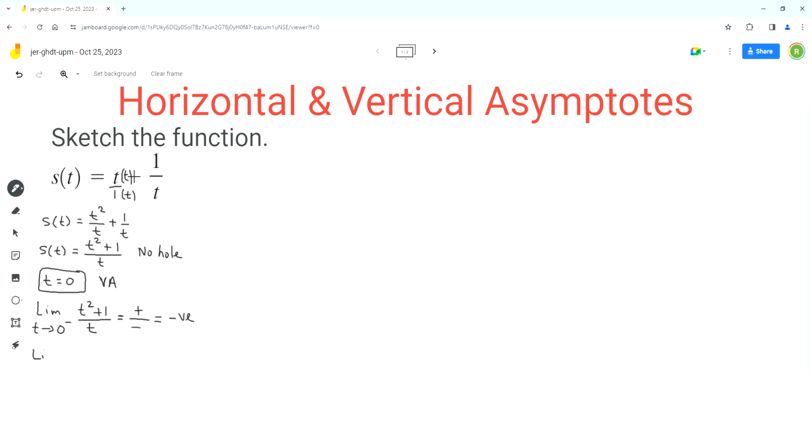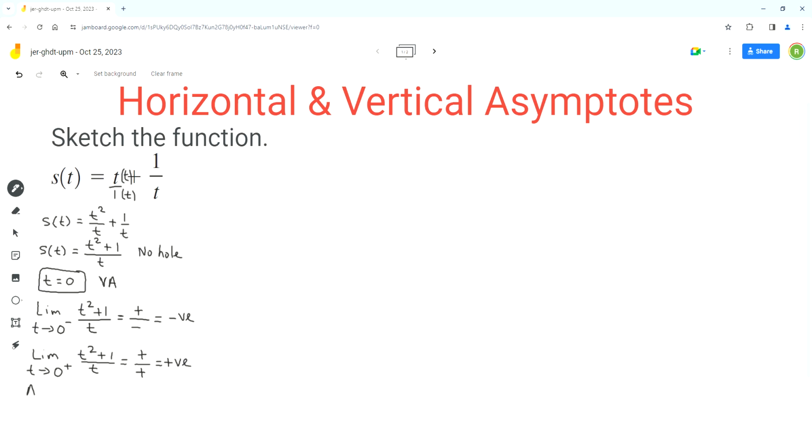Now we can analyze the limit on the right side of this asymptote. So 0 from the right side. So t values on the right side of 0 will be positive values. So the numerator will be positive, the denominator will be positive, so the overall value will be positive. So now we can write the behavior of the curve around the asymptote.